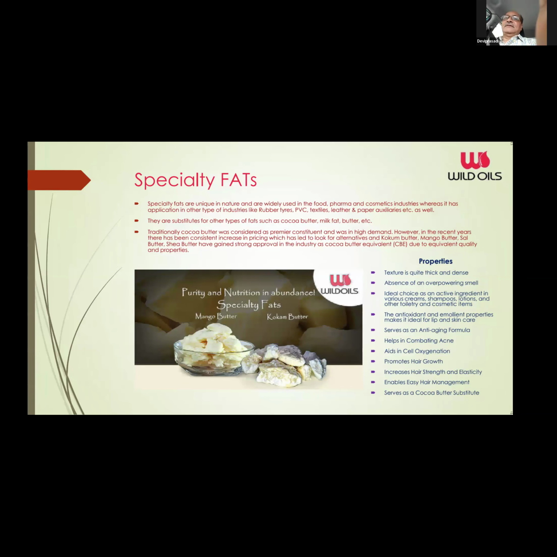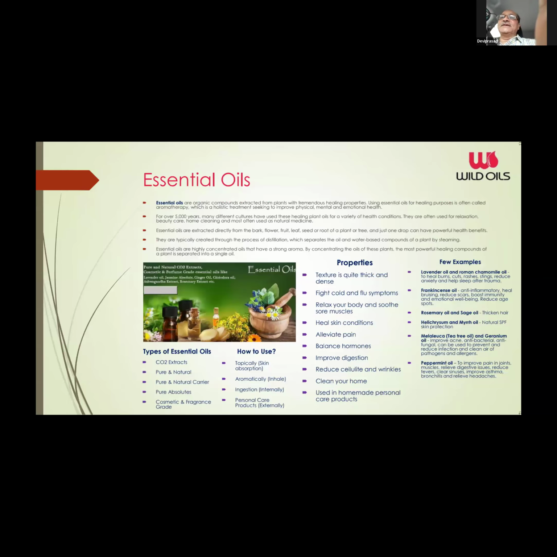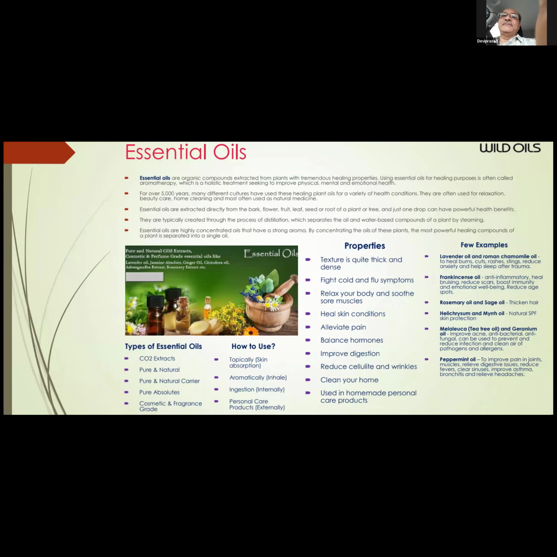Okay, so the essential oils. Essential oils are extracted by two, three methods. One is CO2 extract. CO2 extraction means the oil is extracted using highly pressured carbon dioxide gas.